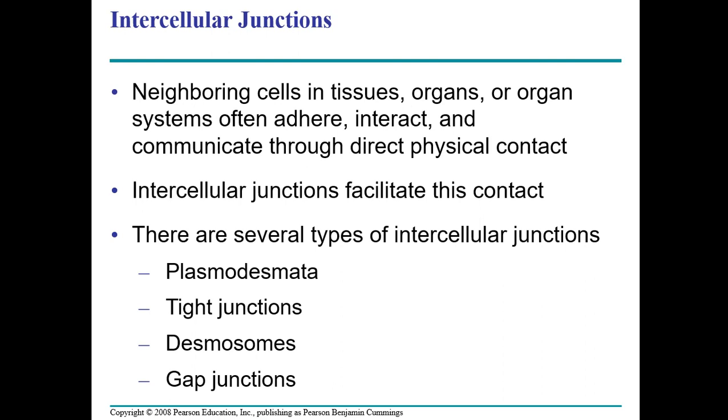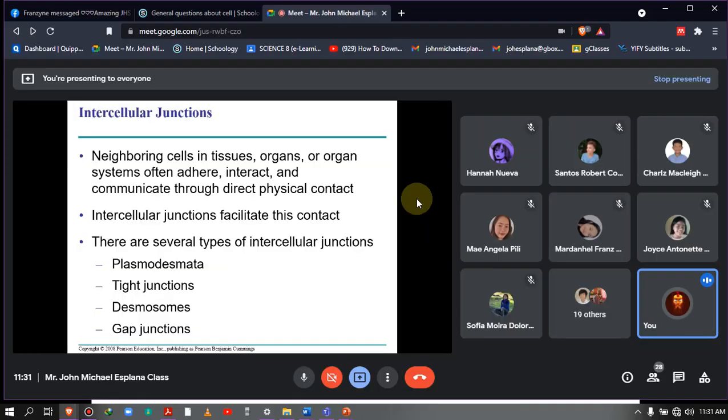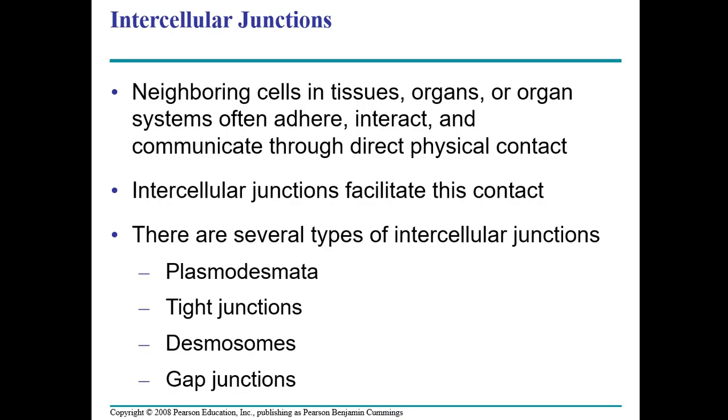Okay po. So, dapat ang one cell must coordinate with neighboring or surrounding cells to actually perform the function of tissues, organs, organ systems, 'di ba? Yung pinag-usapan natin sa levels of biological organization.